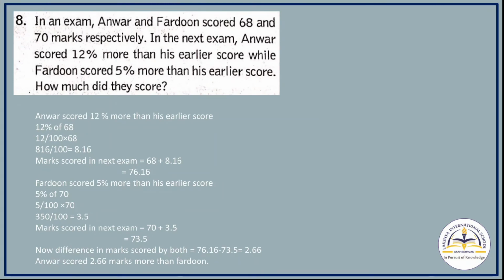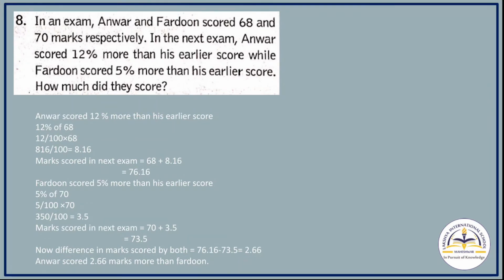Now question number 8. In an exam, Anwar and Fardun scored 68 and 70 marks respectively. In the next exam, Anwar scored 12% more than his earlier score, while Fardun scored 5% more than his earlier score. How much did they score?